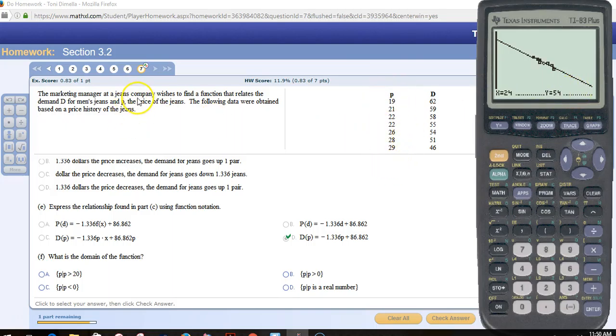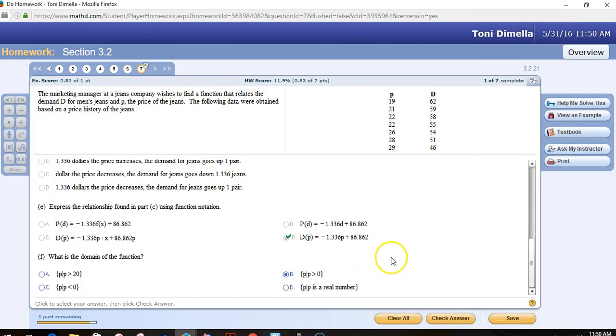But if you're running a jeans company, you're not going to pay somebody to take the jeans for you, right? And you're not going to give them away for free. So the price of the jeans is going to be a p-value such that you're talking about p being greater than 0. The price of the jeans has to be greater than 0 in this storyline.